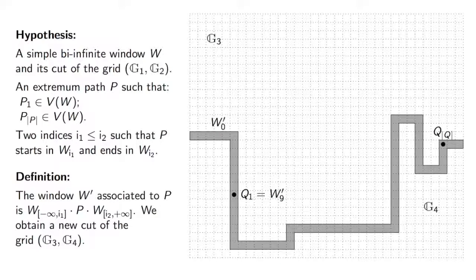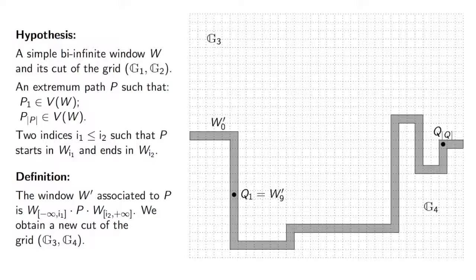This new path is the concatenation of three paths: the segment of the window W from -infinity to I1, the path Q, and the segment of the window W from I2 to +infinity. We represent this new path in gray. Note that the direction of this path depends only on the direction of W.